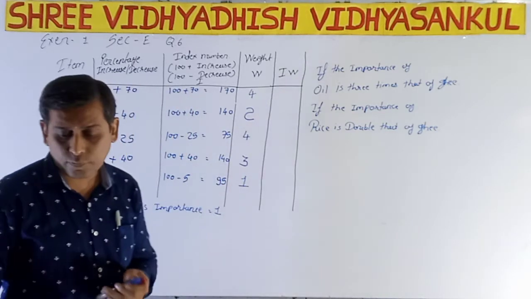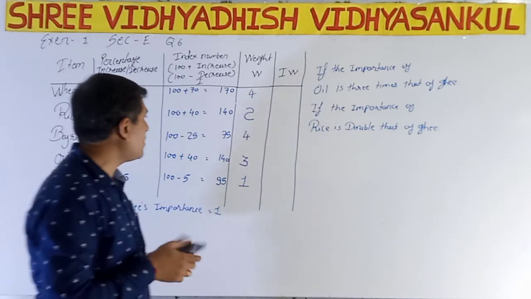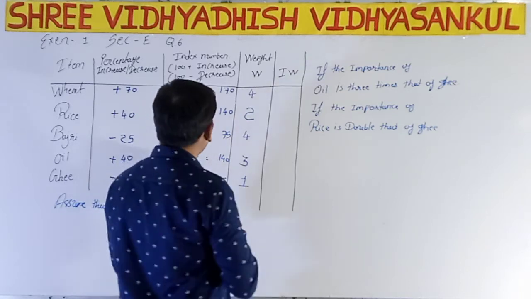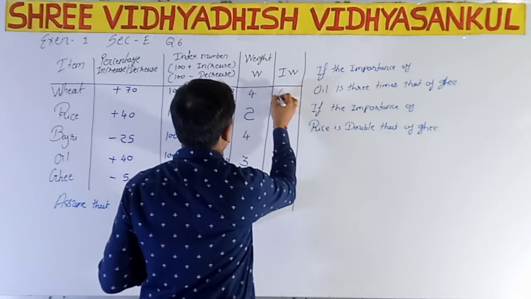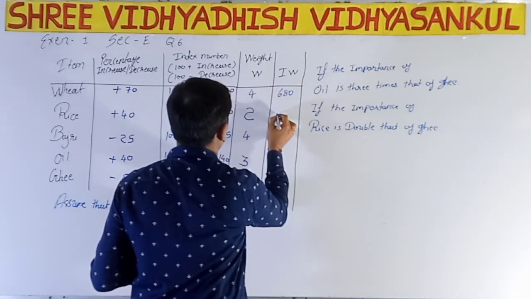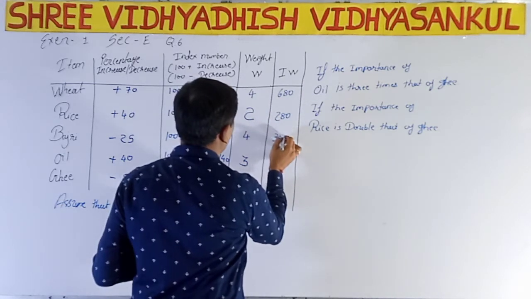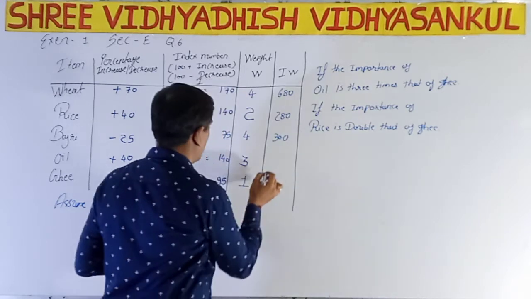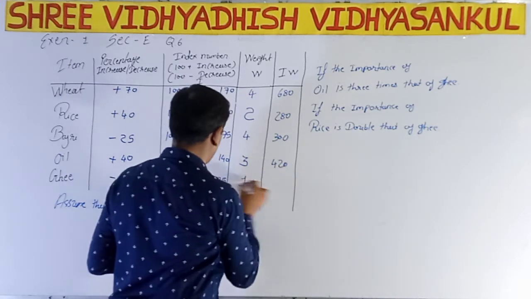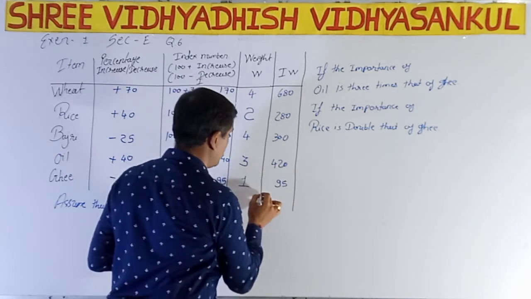Okay, so here I am doing that particular sum now. It is easy, just multiplication and divide. 680, 280, 300, 420 and 95.